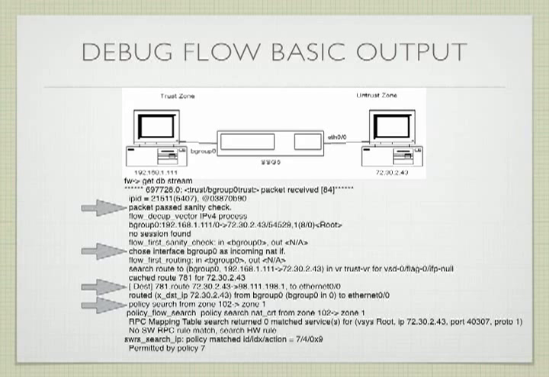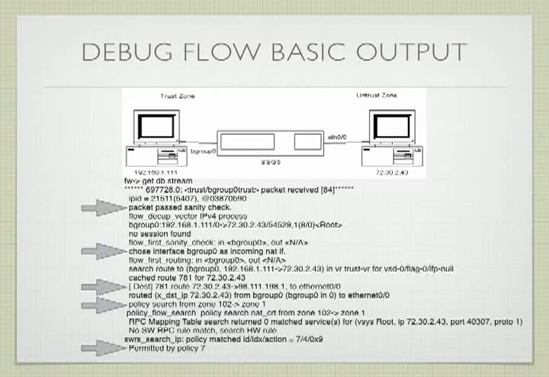Now it's going to do the policy search based on that incoming and outgoing address, and it says we are going from zone 102 to zone 1. So it's found the two zones, and it's going to do the policy search. Down here we see that the traffic is permitted by policy number 7.